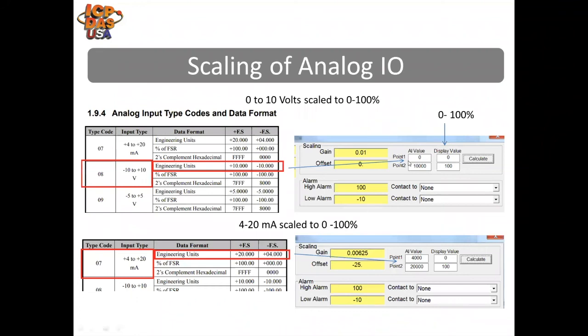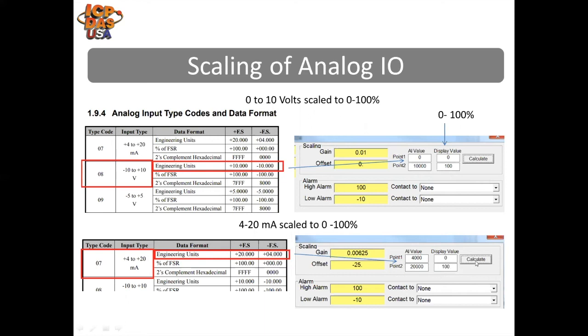When 0 volts is applied, you will see 0%. If we did the same thing with a 4 to 20 milliamp scale, you would put in 4,000 here because that's corresponding here, and 20,000 here, which corresponds to 20 milliamps. And then you would still scale between 0 to 100. And these would be the resulting values.